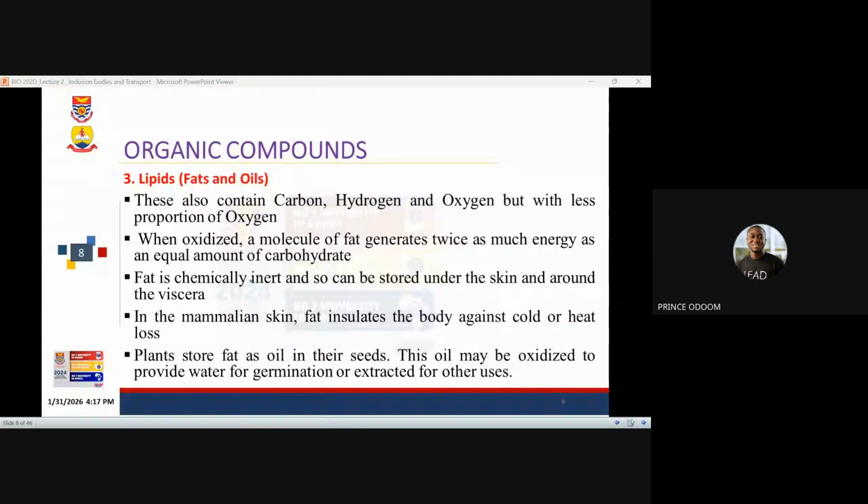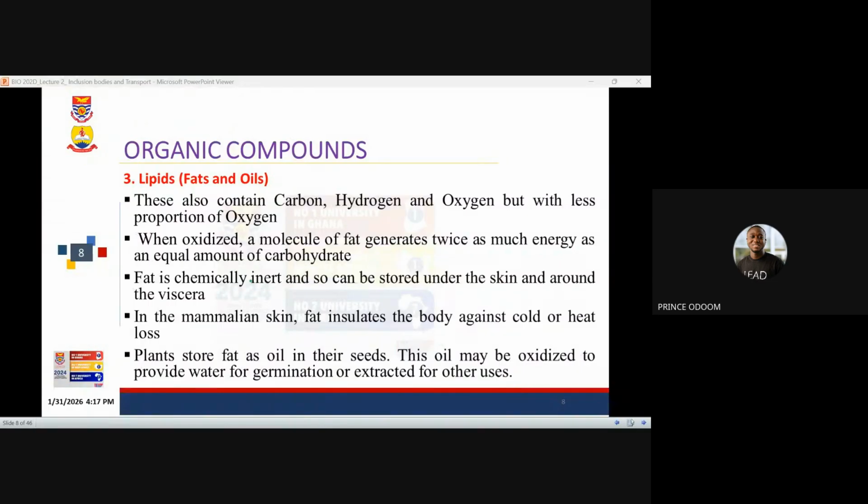But in the absence of carbohydrate, fat plays the role of energy production. When we look at glycolysis and the Krebs cycle, we'll look at some elements that fit into these various cycles. There are instances where even protein serves as a substrate for energy production. We'll look at that in detail when we get there.